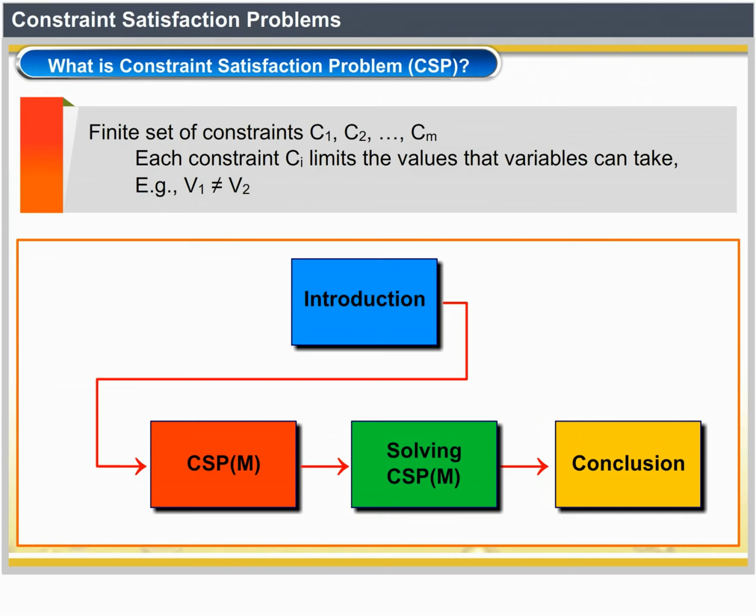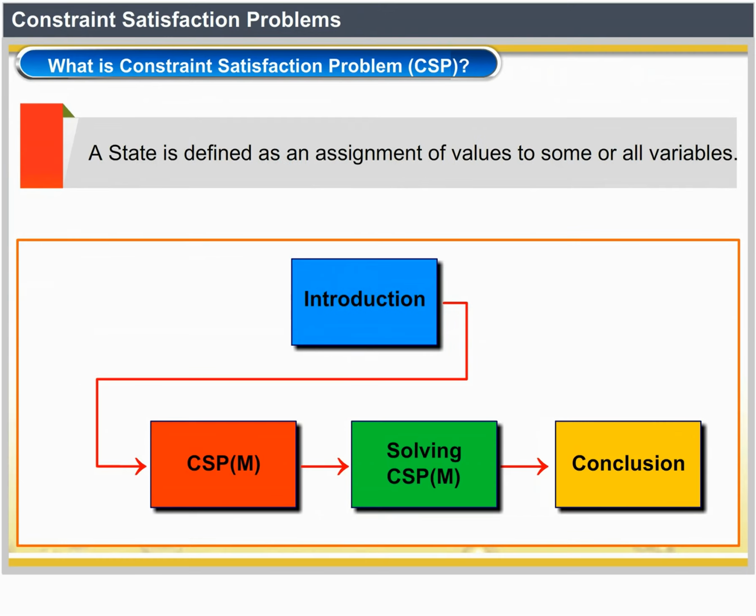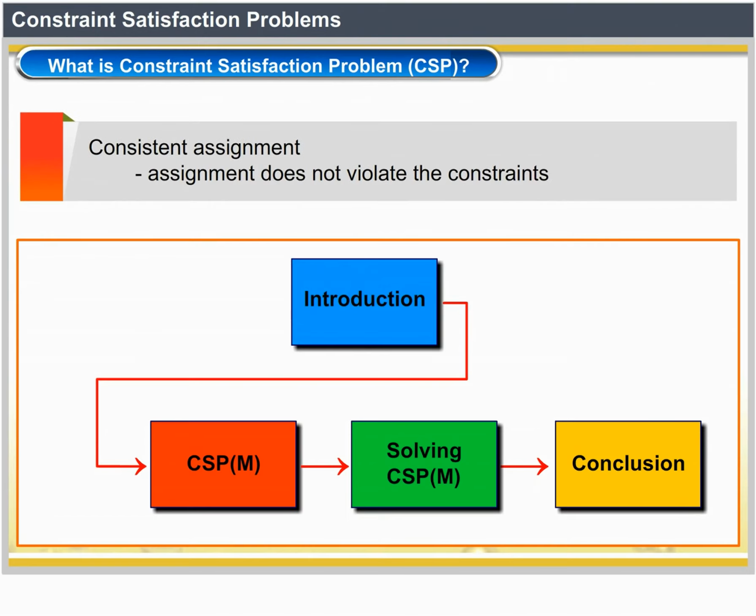Each constraint Ci limits the values that variables can take. Example: V1 is not equal to V2. A state is defined as an assignment of values to some or all variables. A consistent assignment is an assignment that does not violate the constraints.